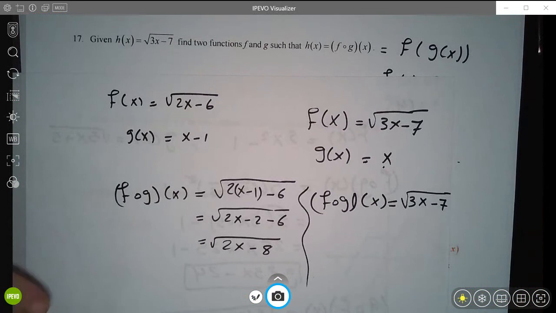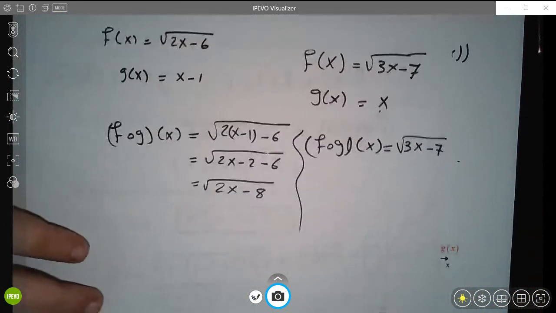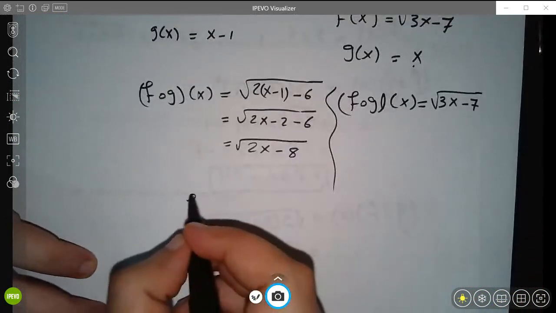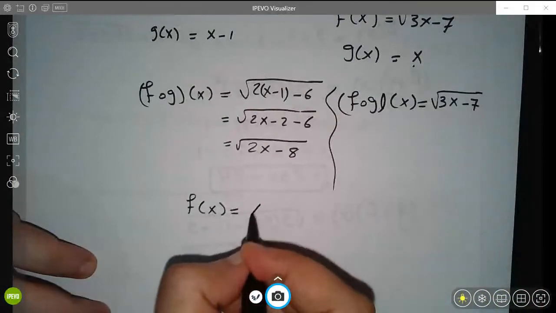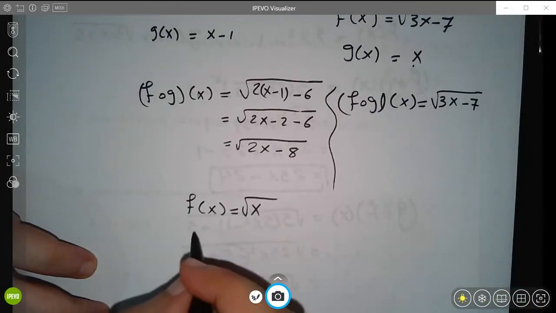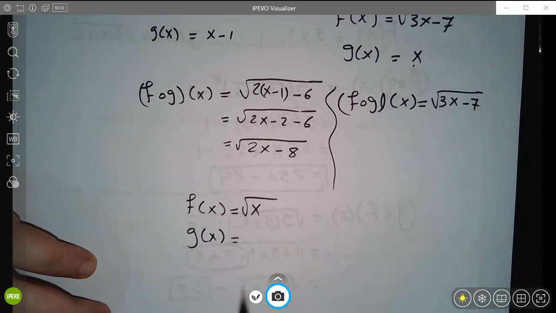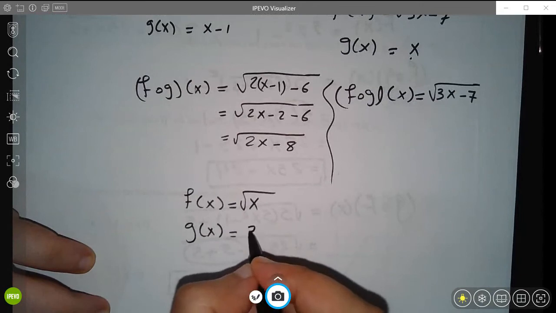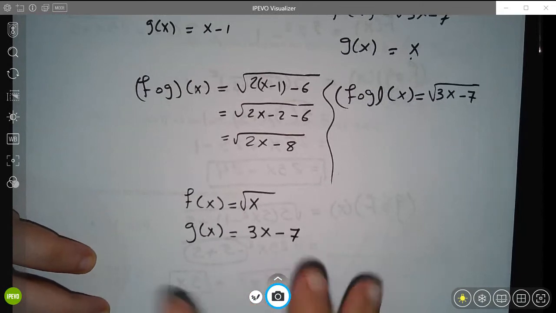There's so many. Another one could be that f of x is, oh, sorry, root of x. And g of x itself is 3x minus 7.